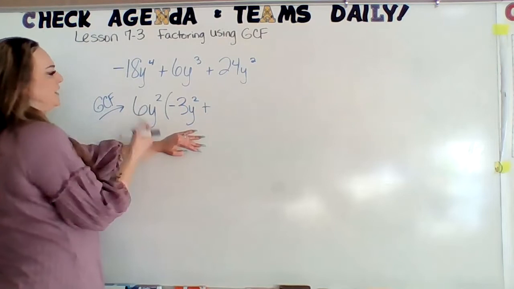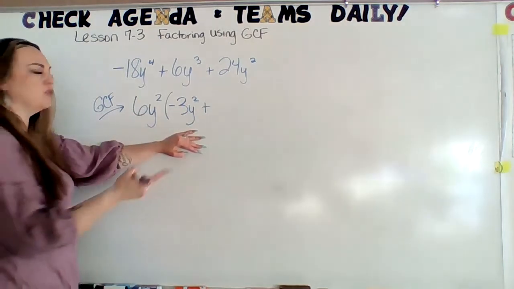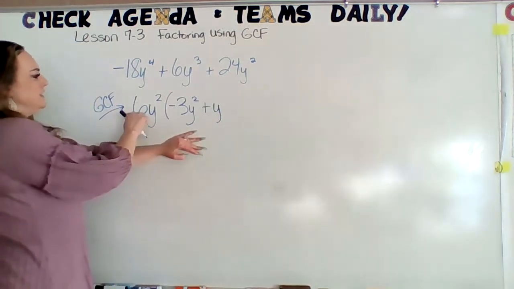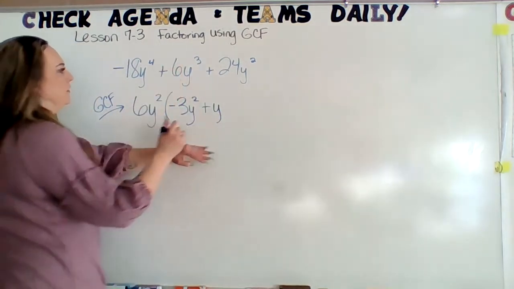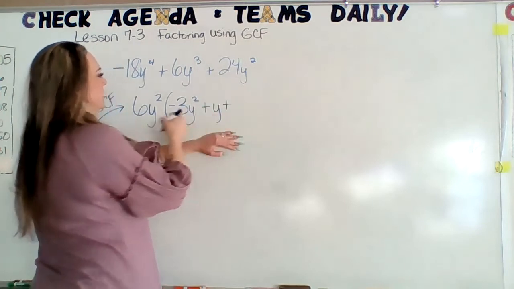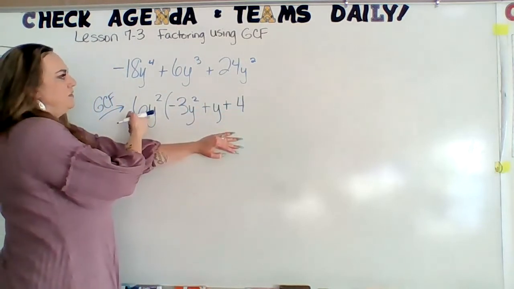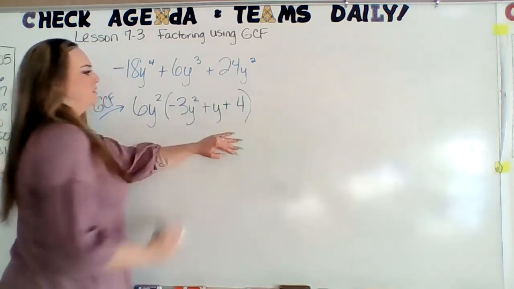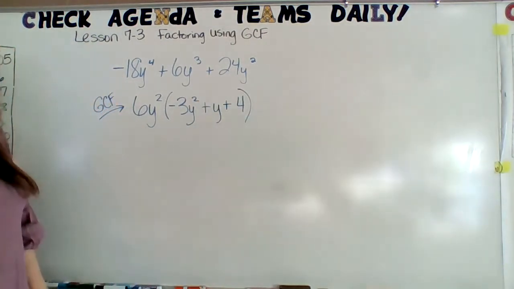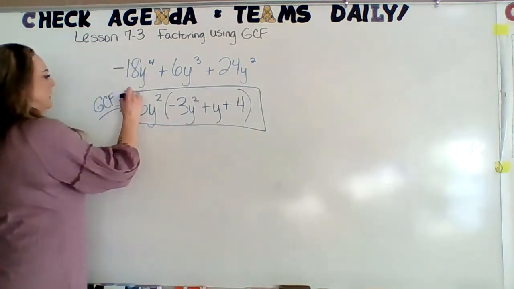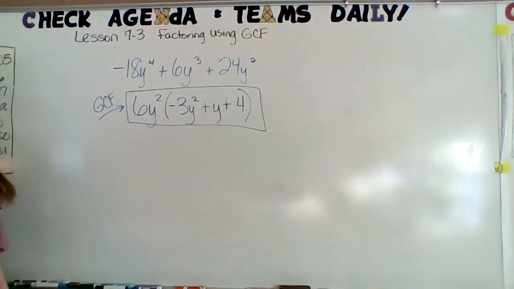Well, we just need to multiply it times 1, so we don't really need to write that coefficient, but we just need to multiply it times a y to get 6y cubed. Over here, we need 4, and the y squared has already been factored out, so we just need to multiply it times 4. So this is our factored polynomial using the GCF.